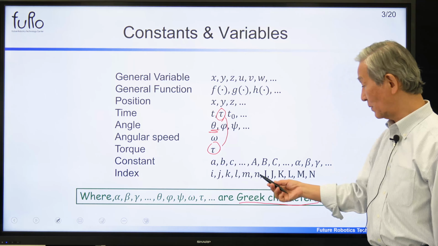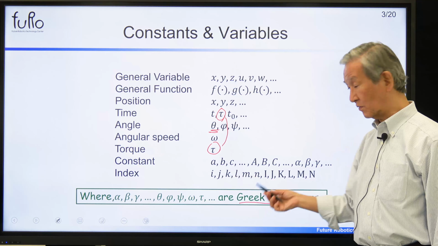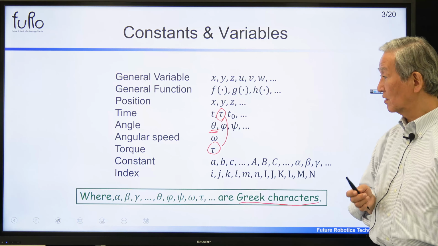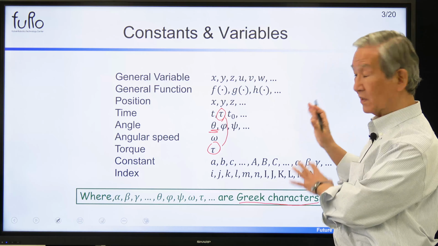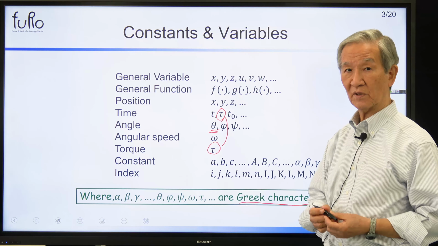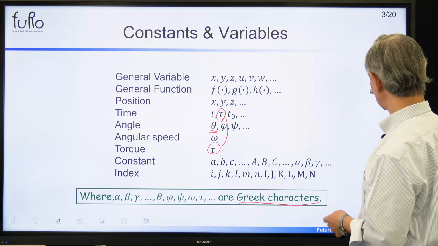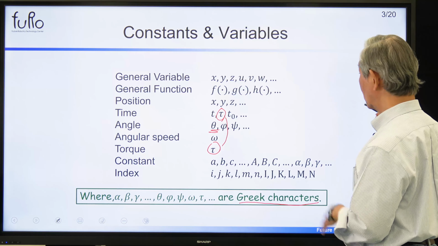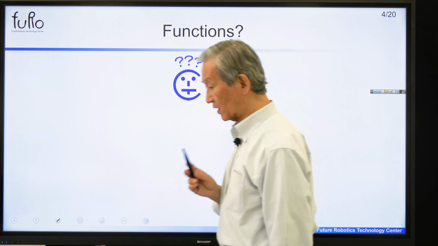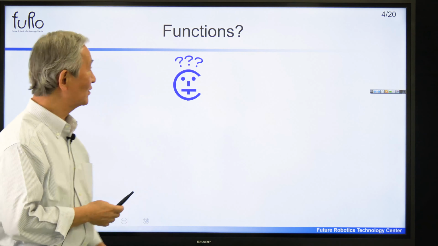I, j, k, l, m, n, those are the usual ones, either lower character or upper character. Okay, so that's the type of variables and constants we use. So that's done. We are now ready to start talking about functions.